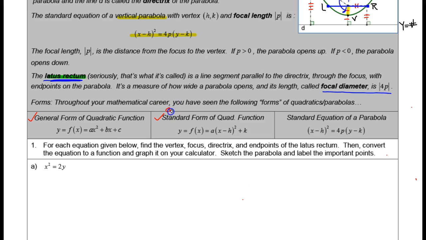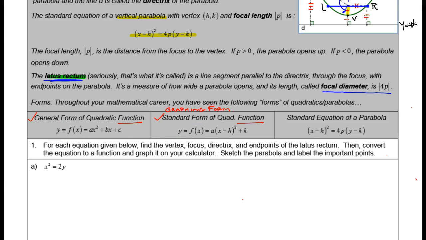Some textbooks use the term graphing form. So I'm going to go ahead and write that in here, graphing form. And that's one where you can see h and k, the coordinates of the vertex. So these, you'll notice, are called functions because they're written as y equals some function of x.